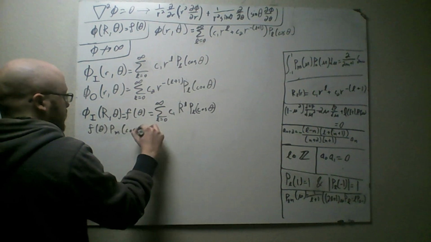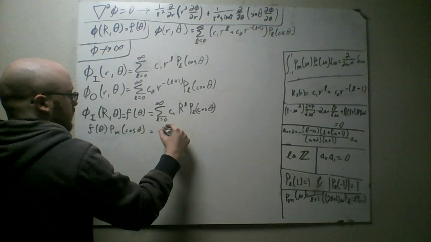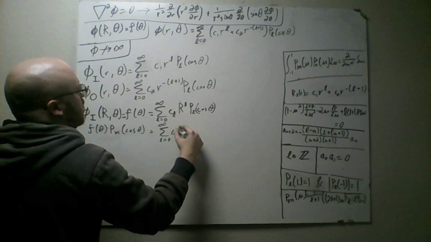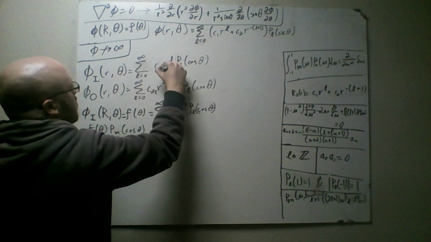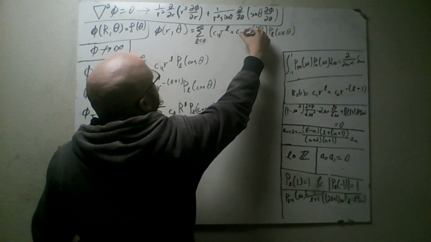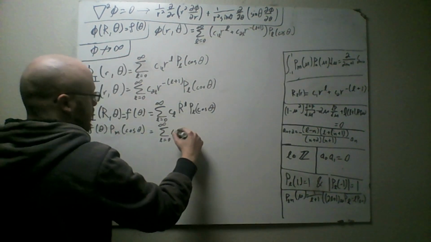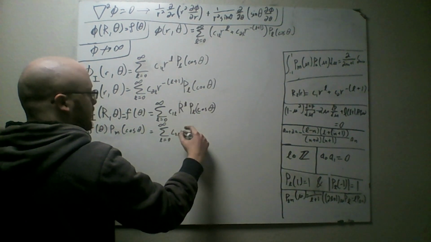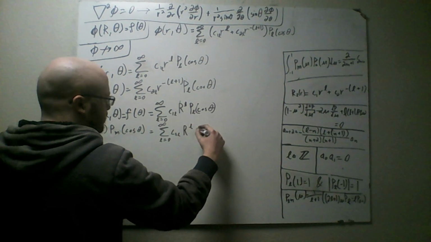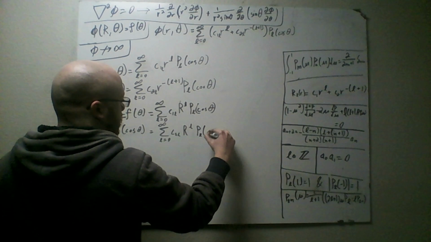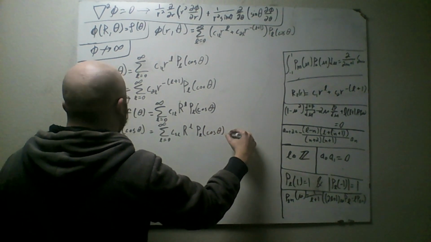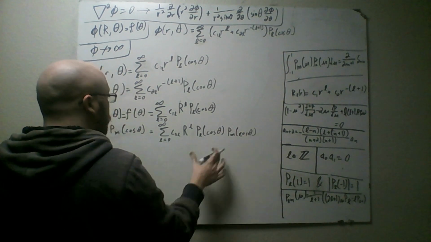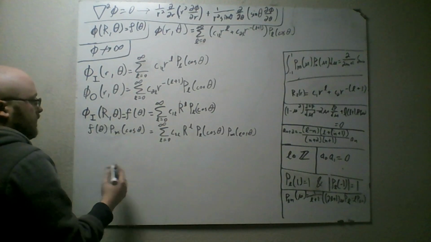PM cosine theta equals the sum from L equals 0 to infinity, C L. You should have L's on them. They're not the same constant, they vary with L. So C1L, right? C1L R to the L, PL cosine theta times PM cosine theta. Cool.